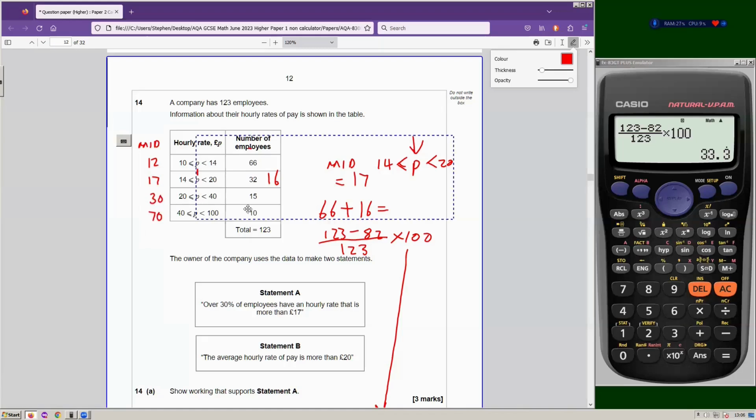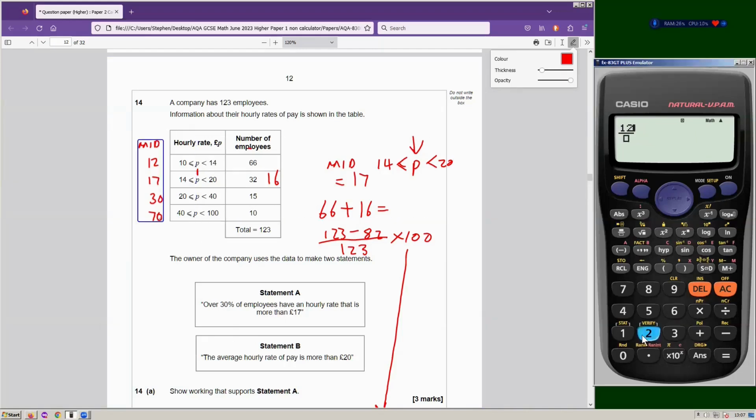Then you multiply each of these by the number of employees, and then we divide by 123, and that should come to more than £20. So we're going to take all those values, and that should give us the average.